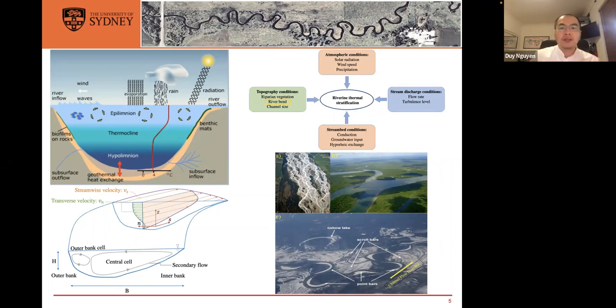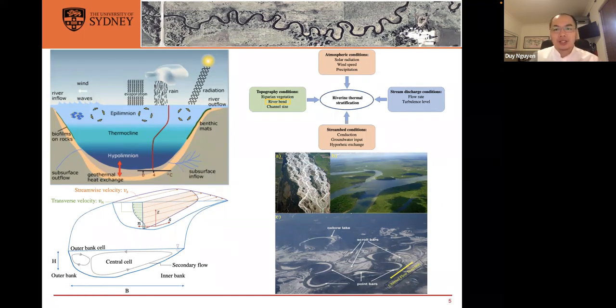And generally there are four groups of factors that influence thermal stratification. The first one is atmospheric condition. For example, you have some rain, you have the solar level, or you have the wind mixing the water in the first layer here.